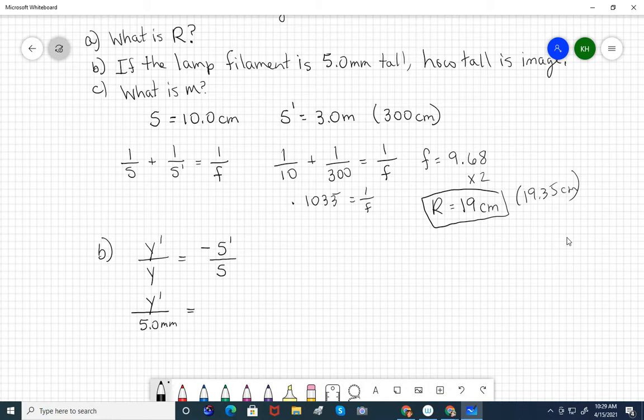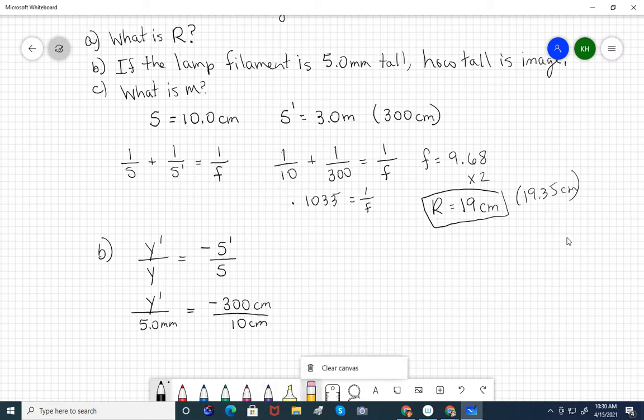Now, S prime was 300 centimeters. We've got to have some uniformity here. So negative 300 centimeters. And S was 10 centimeters. Now, is it okay to leave Y in millimeters? The answer is yes. Since this is a proportion, y prime will come out in millimeters. If you're uncomfortable with that, you can change it to centimeters. 5 millimeters would be 0.5 centimeters.